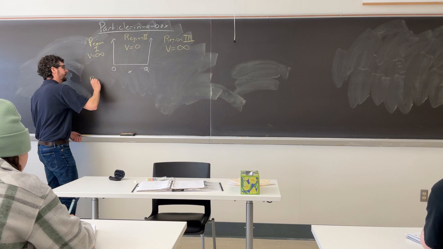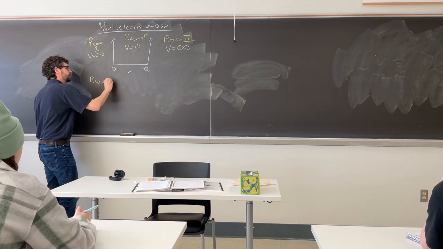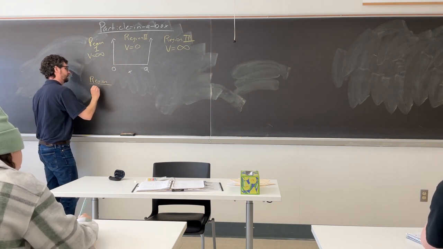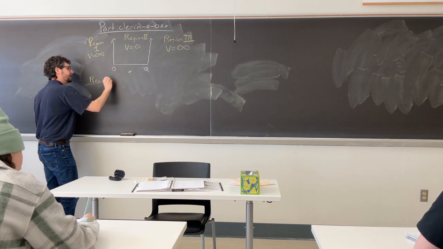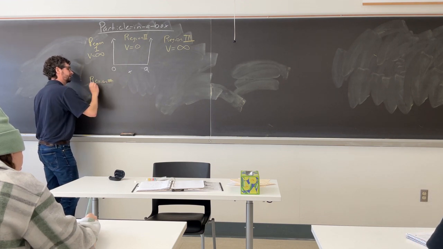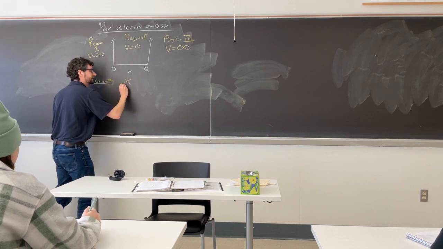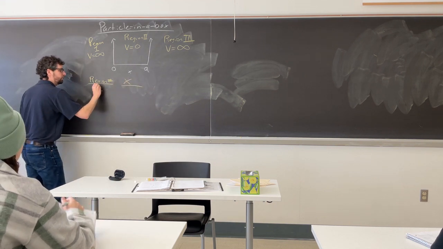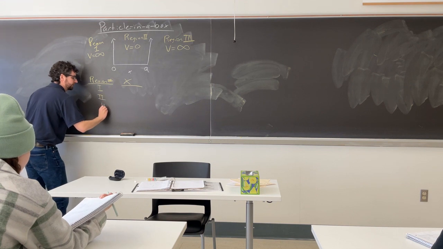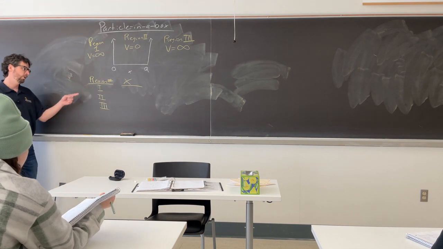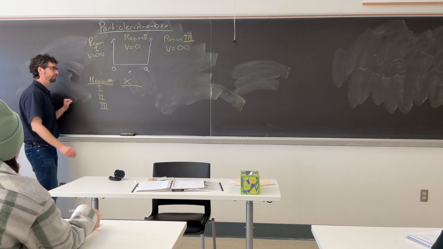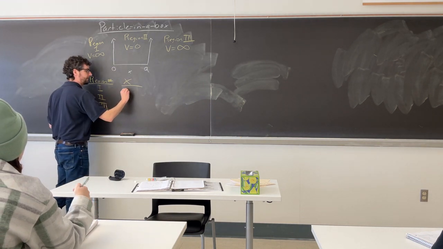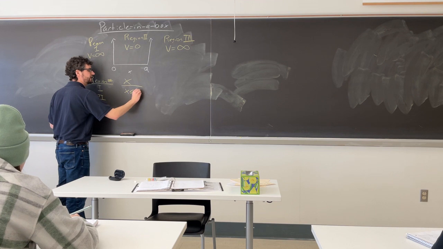So region number, and X value in region 1, 2, and 3. What was the value that X would have in region 1? Yep, less than or equal to 0.